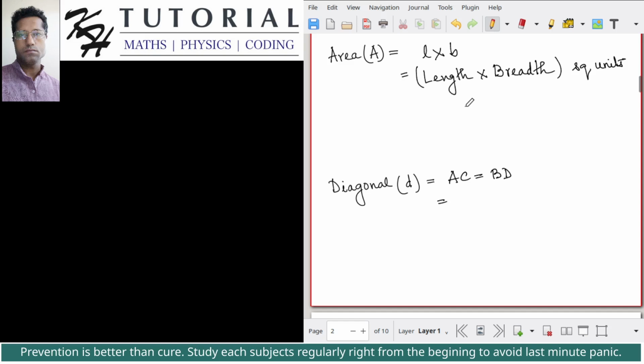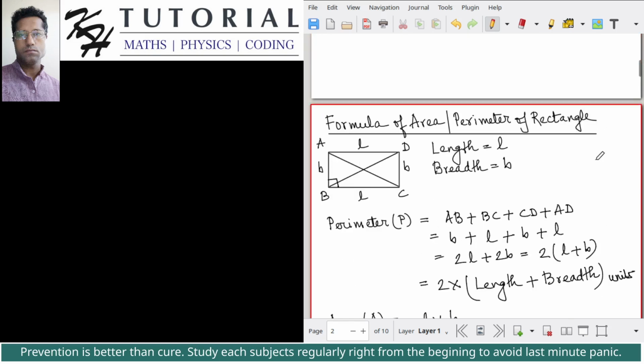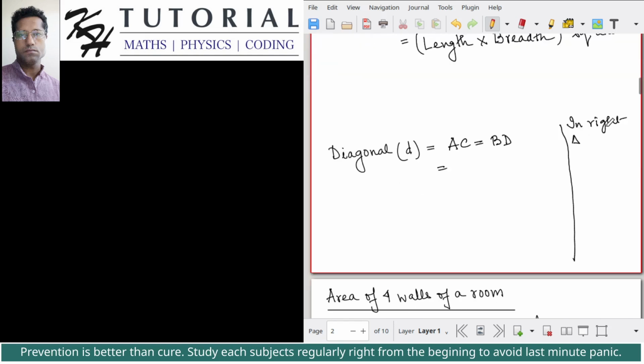Okay. So I am doing the calculation on the right hand side. In the right angle triangle ABC, I have AC square, using Pythagoras theorem, hypotenuse square is equal to the sum of the squares of the legs or arms of the triangle.